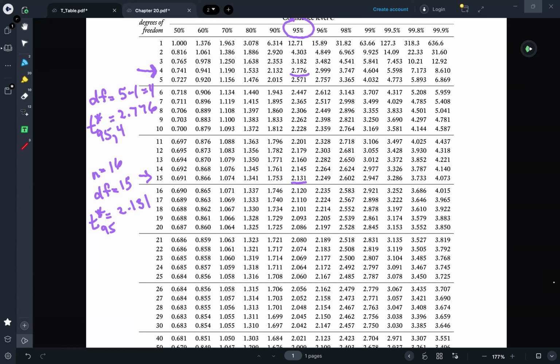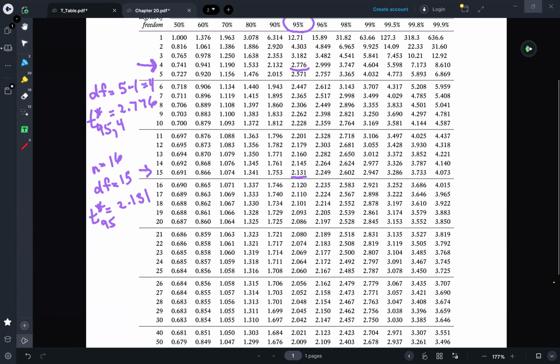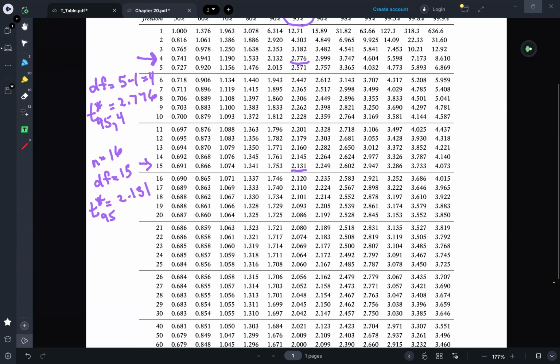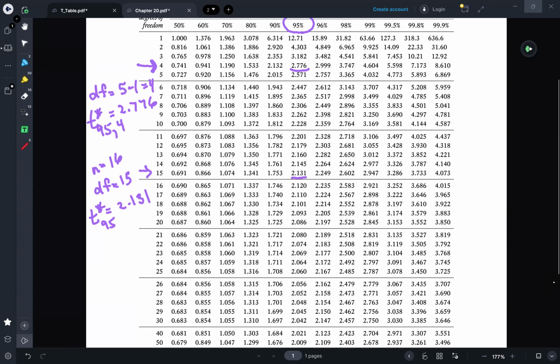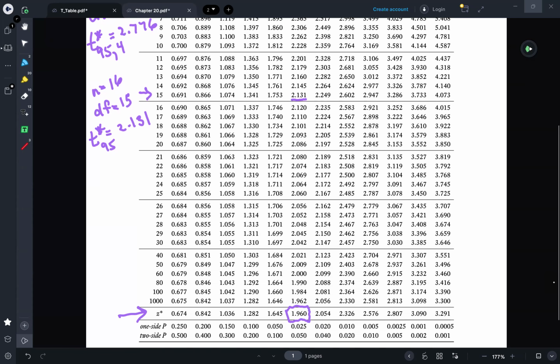All right, they all fit really well. If you notice, as we go down, if you just look at that column with the 95%, as we increase the size of our degrees of freedom, the T values get smaller and smaller and end up as Z, 1.96.